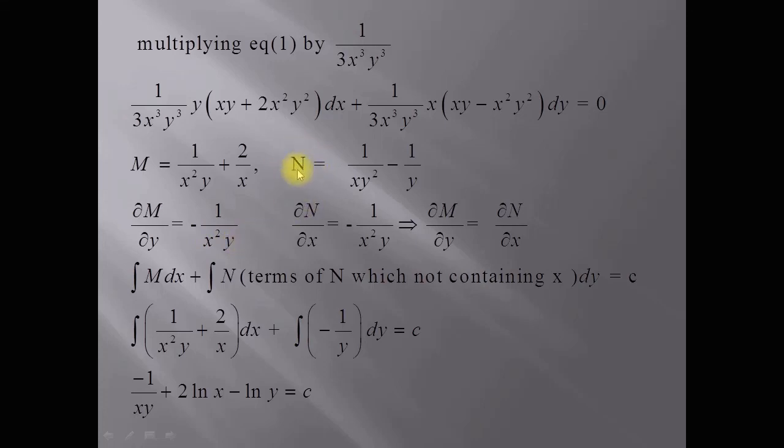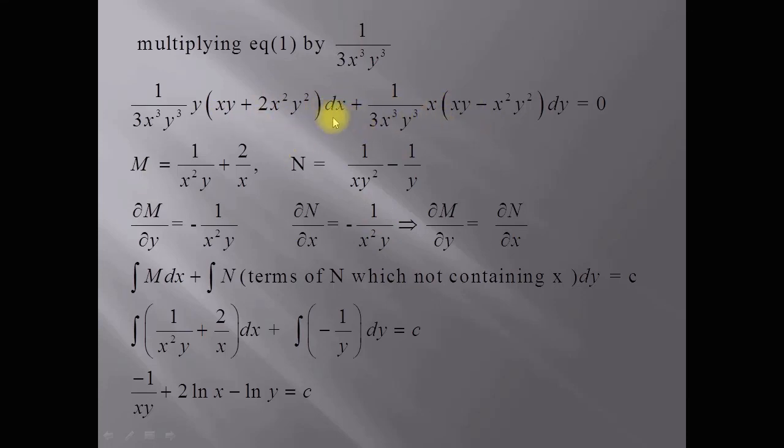The partial derivative of the N function with respect to x: the derivative of this term is 0, and the partial derivative of this term with respect to x is −1/(x²y²). Since these two partial derivatives are now equal, this new differential equation is now an exact differential equation.